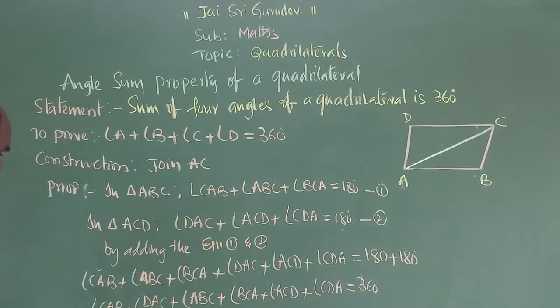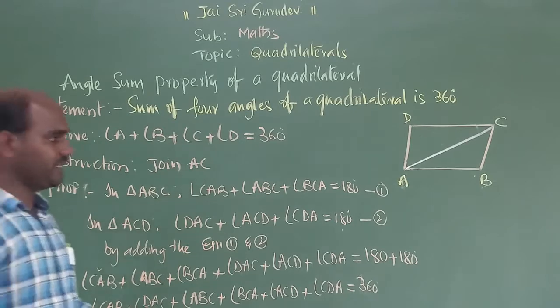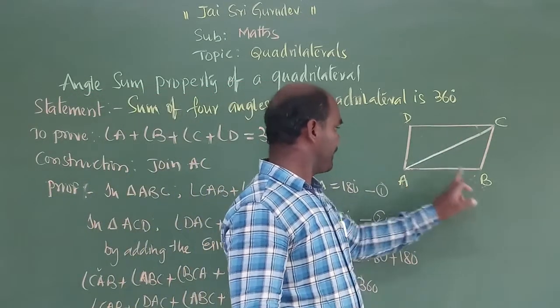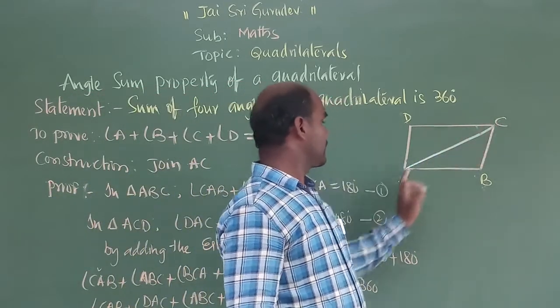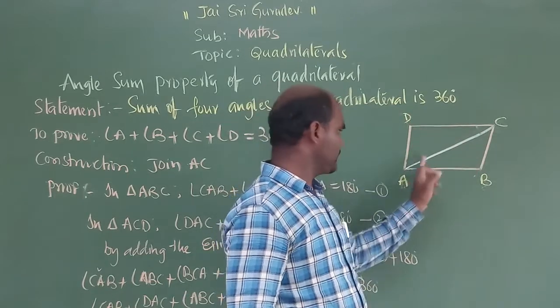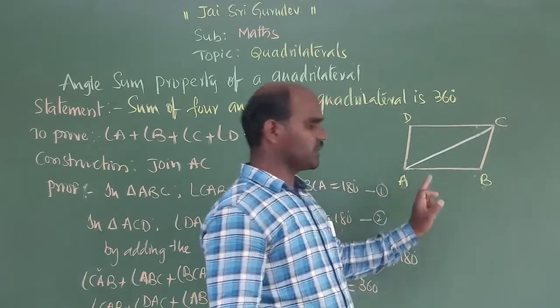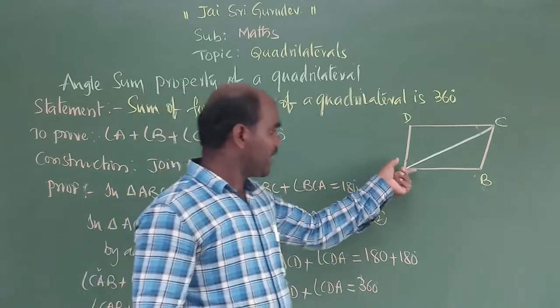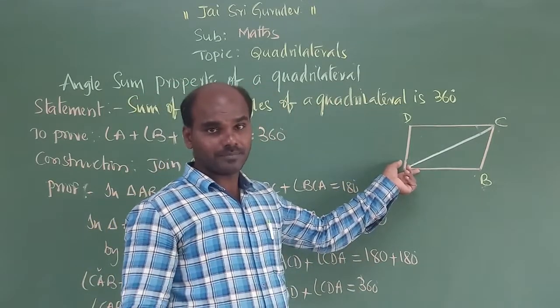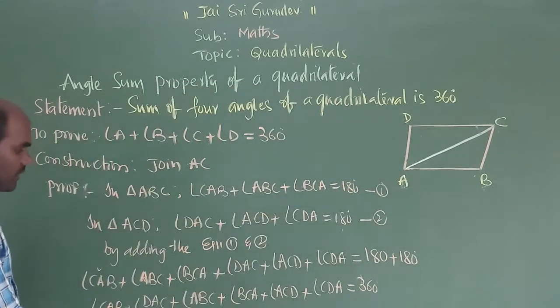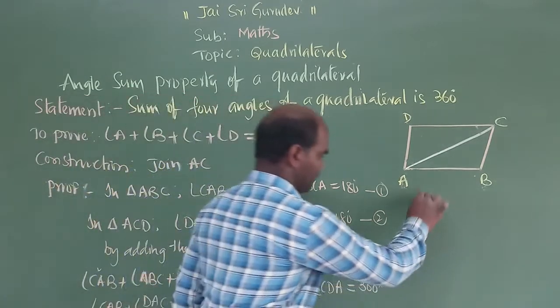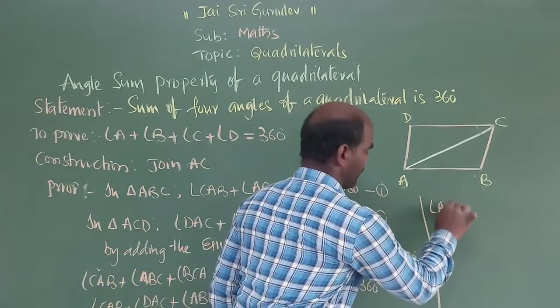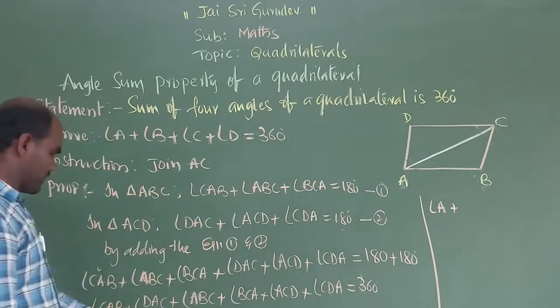So then after this, CAB plus DAC, CAB means this angle and DAC means this angle. The sum of these both angles should be what, children? The complete angle of A only, no, children? So that is angle A plus. So then these two are complete.